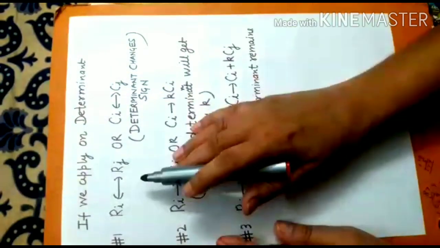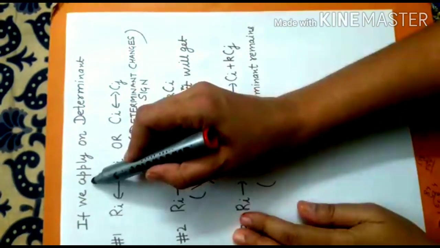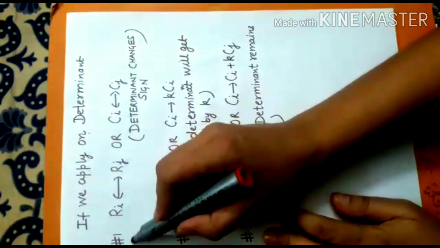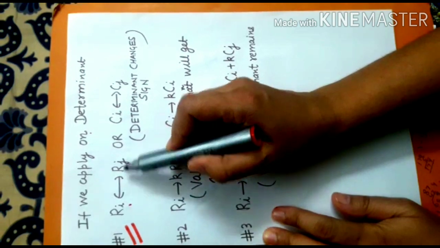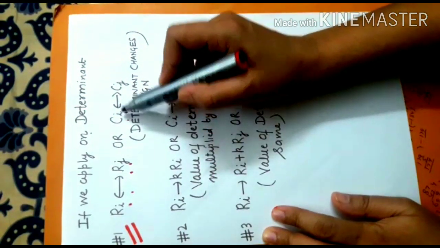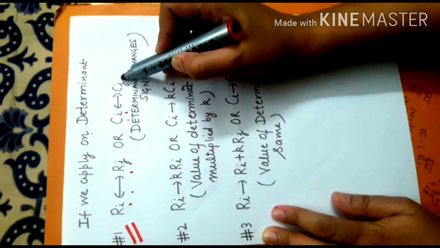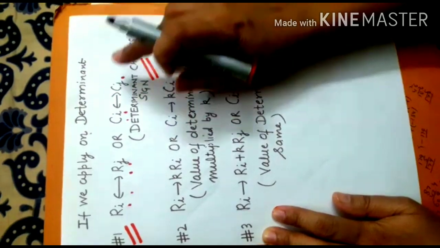So let's summarize the properties which I have studied. If we apply the operation where Ri and Rj are interchanged, or the ith column and jth column are interchanged, the determinant changes sign.